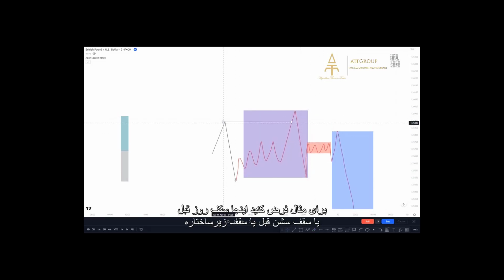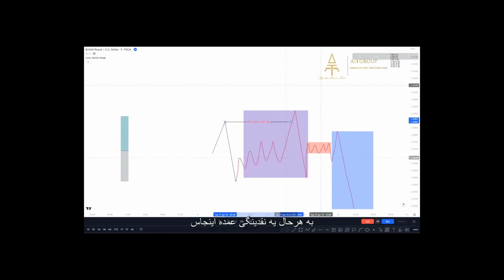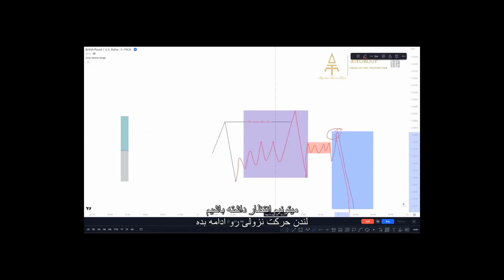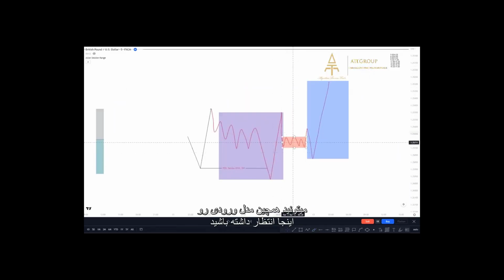So let's say for example we got here previous day high or session high or substructural high, some major liquidity point, and when Asia sweeps this liquidity point and goes lower, we can expect London to continue the move to the downside. In this example, if we got it to the upside, we can expect this type of entry model right here.